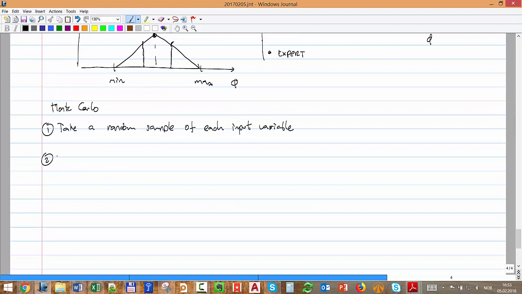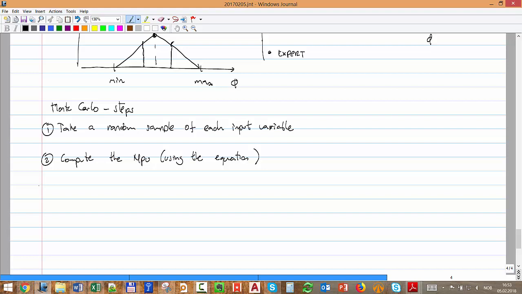Then second step, we compute, in a deterministic way, our NPV, right, using the equation. What is the third step?